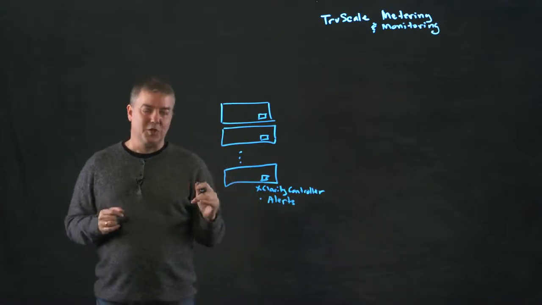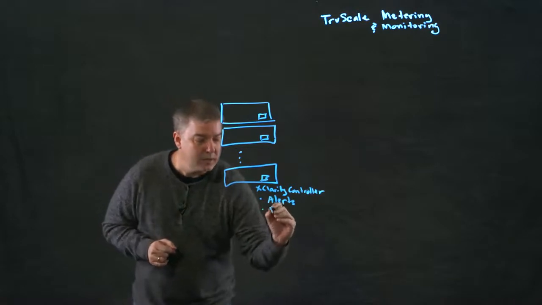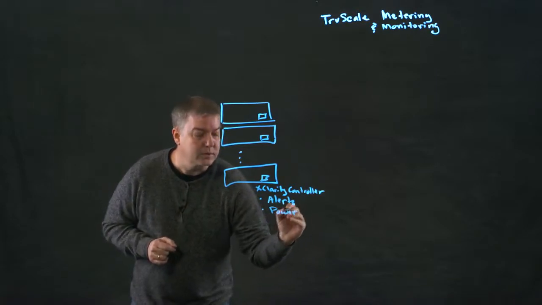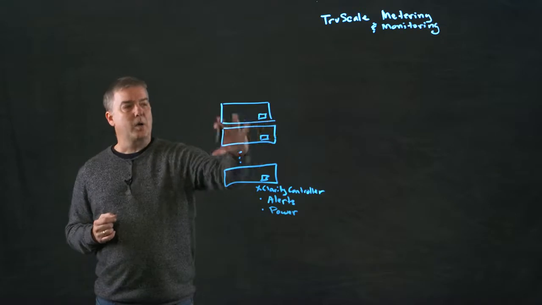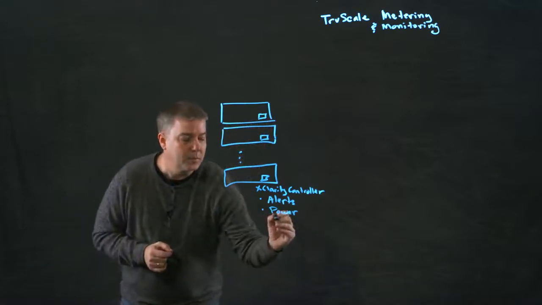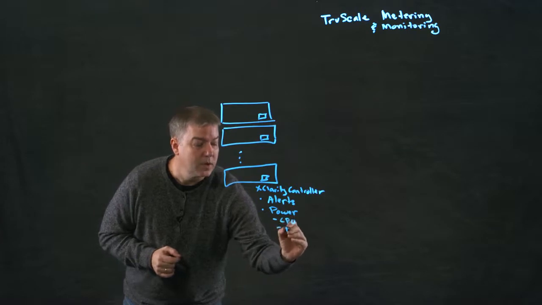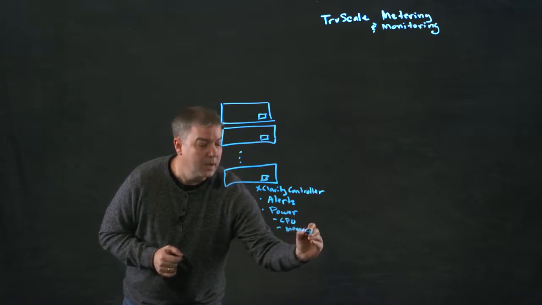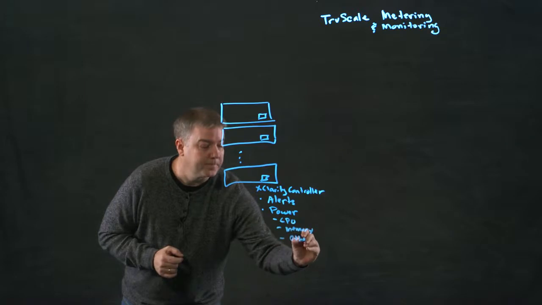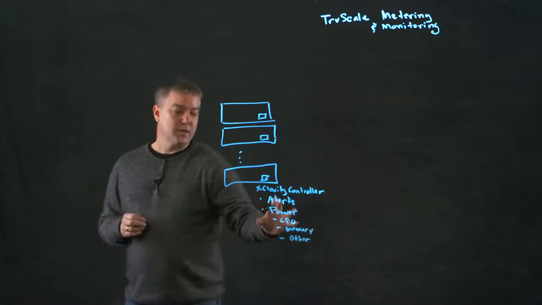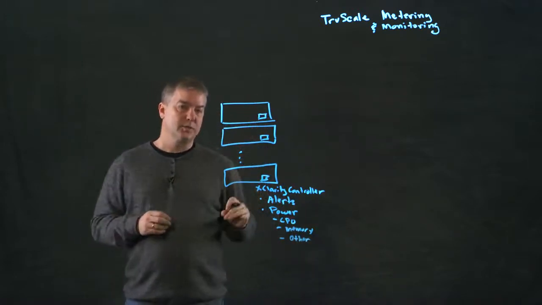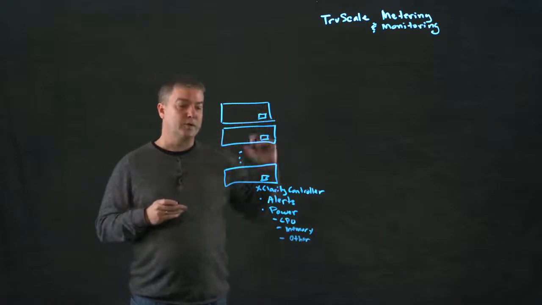Something else that's really interesting about it is it has knowledge of the power of the system. So it knows the total power consumption of the server. And built into that, in a subset, it knows how much is coming off the CPU, how much is coming off memory, and then there's an other category. So we actually leverage this technology built into our chips for the metering capabilities of TruScale.